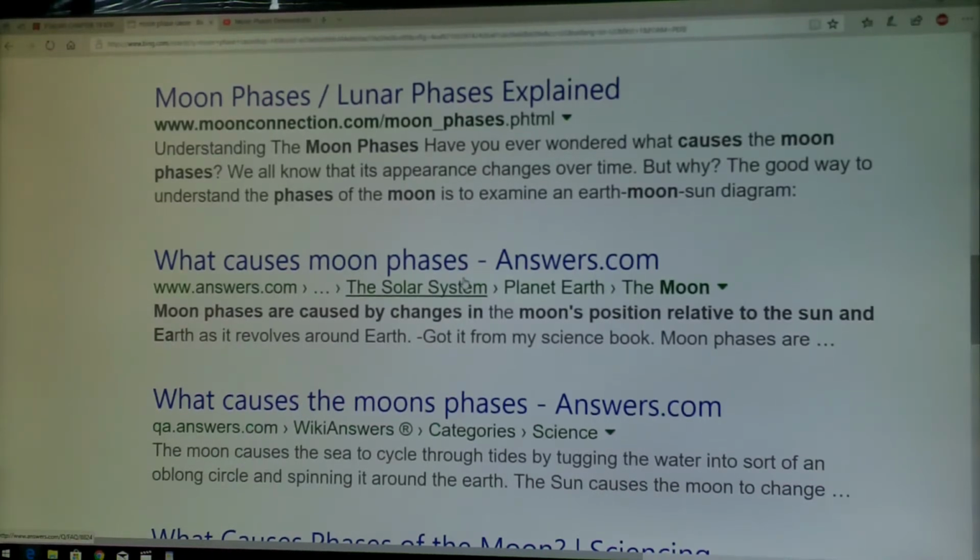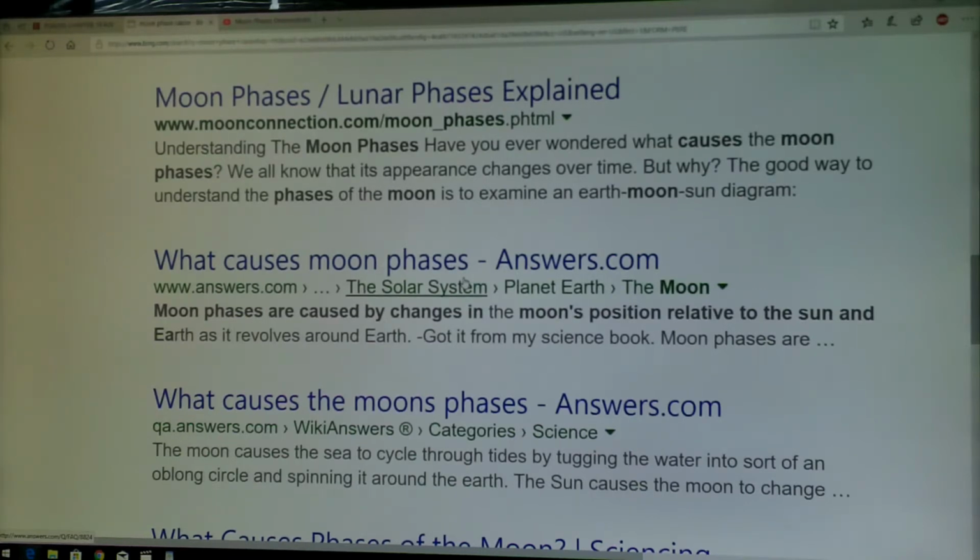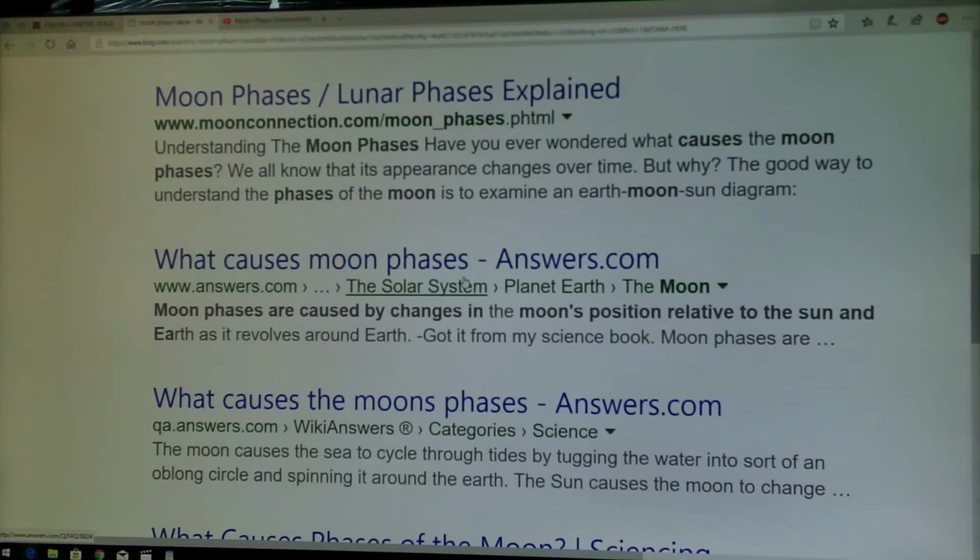Okay? So it's not caused by the earth's shadows. It's caused by the position when it revolves around earth according to the Western civilization teaching. Okay? And the incorrect answer is caused by the earth's shadow on the moon. All right?